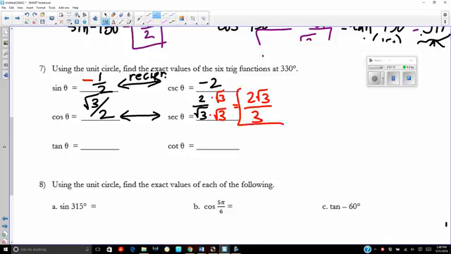Again, this is something you can check in the calculator to make sure you get the right answer. You can take the secant of 330 in the calculator. You should get the decimal approximation of this fraction. If you need further help on how to check your answers, let me know. Tangent is sine over cosine, so it's negative 1/2 divided by radical 3 over 2.